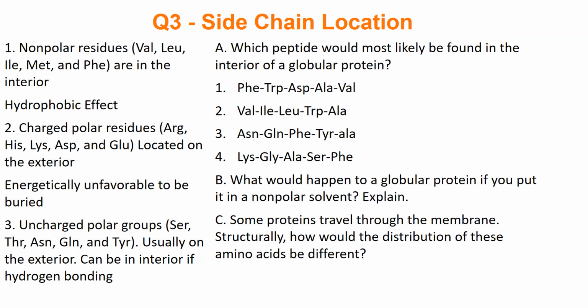Generally, you have your hydrophobic amino acids in the center. On the outside, you have your charged amino acids. And polar amino acids are usually on the outside as well, but they can be inside if they're in some kind of hydrogen bond.